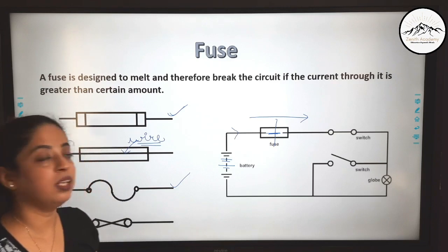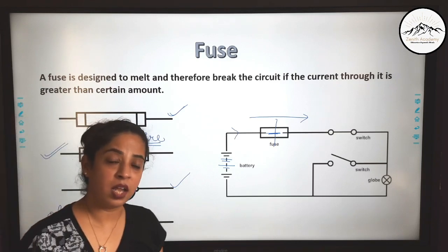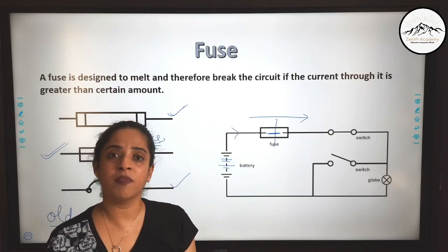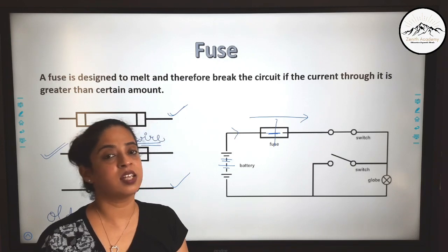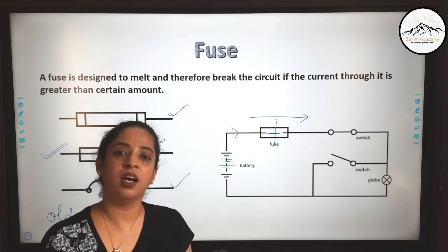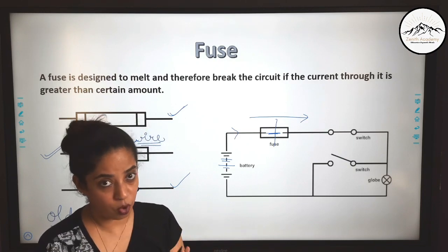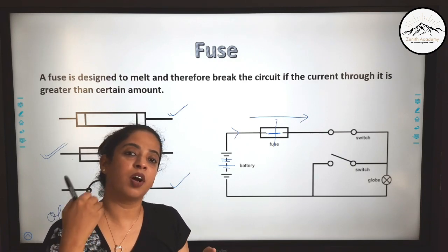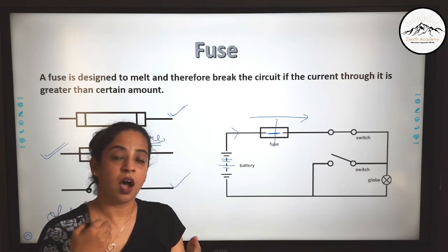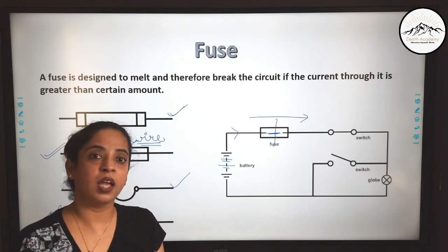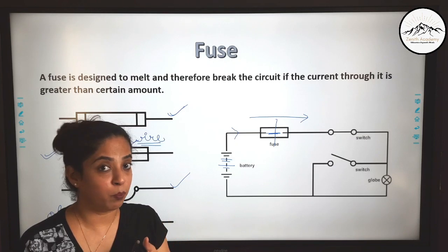I'll repeat again. The fuse wire is made up of an alloy of such a material that it has a high resistance and a low melting point. So it is offering more resistance to the flow of current. Now, if current is higher than expected, then the resistance offered will be more.